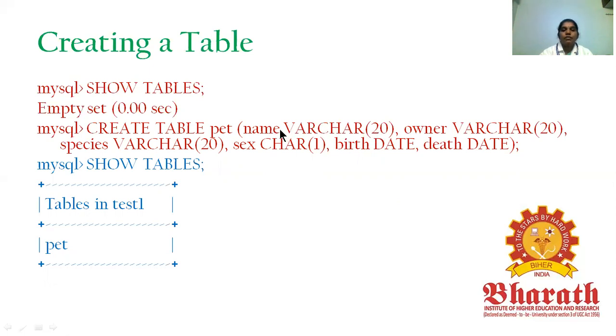Name varchar 20 is the attribute name, which means column name, followed by the data type varchar, which means it accepts 20 characters. Owner varchar 20, species varchar 20, sex is char 1, only one character for sex, and birth and death use the built-in date data type.